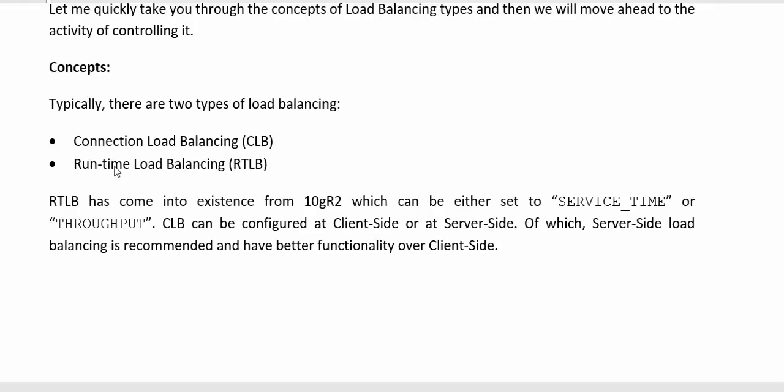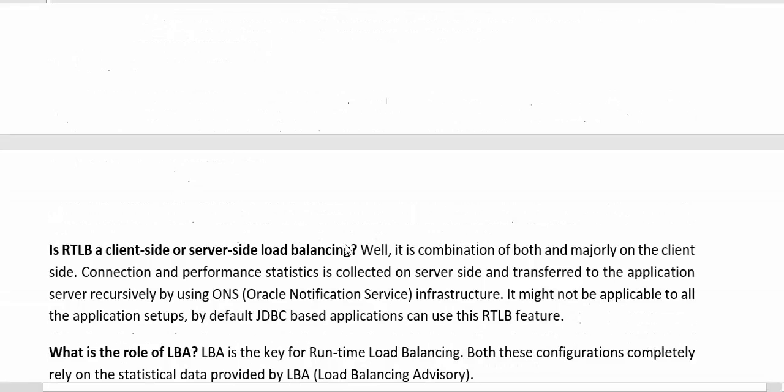When you ask about runtime load balancing, the decision happens prior to coming to the network layer of the Oracle software. That means runtime load balancing happens on the client side as well as the server side.